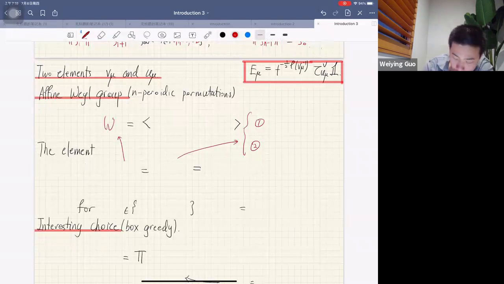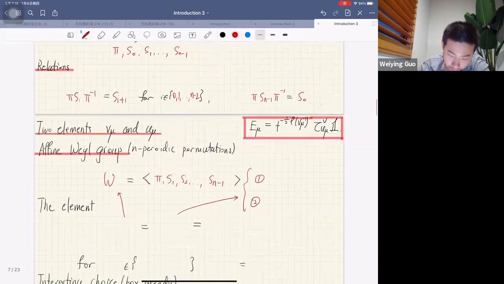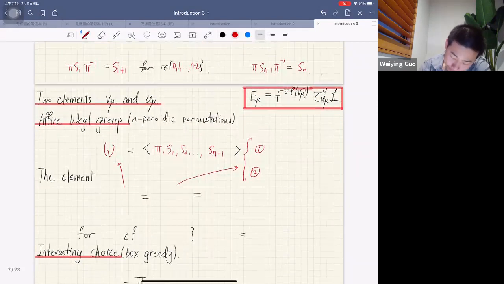The affine Weyl group W is generated by pi, S1, S2, up to S n minus 1. We can discard S0 in this case because it can be replaced with S1 to S n with the action of pi.